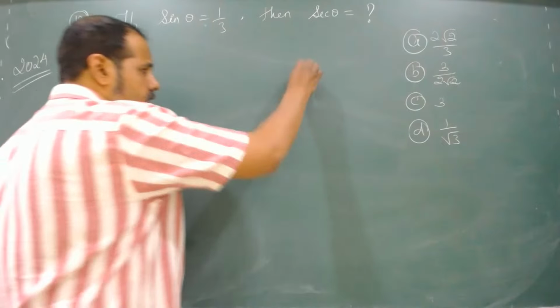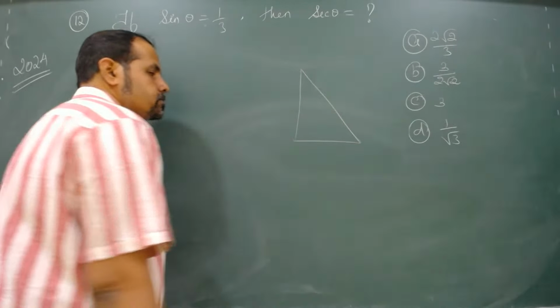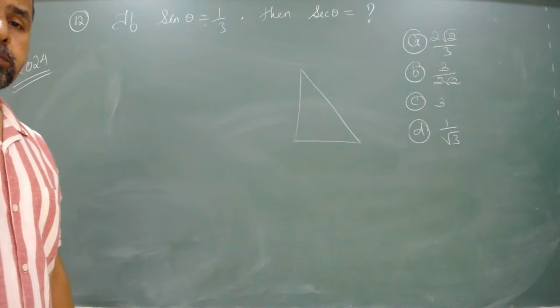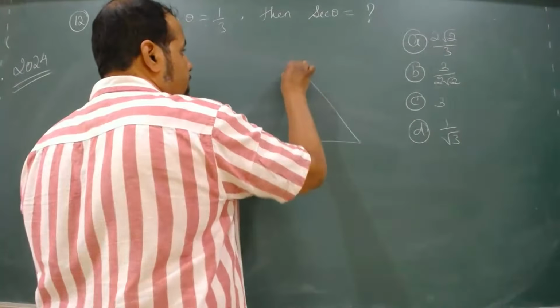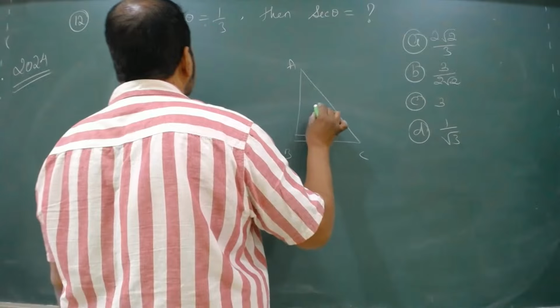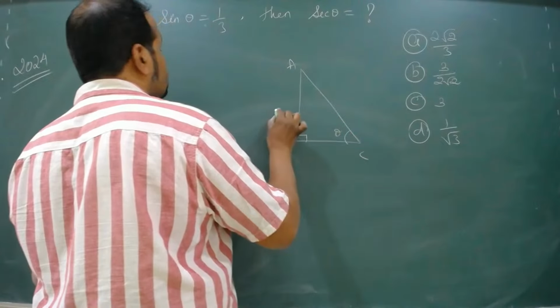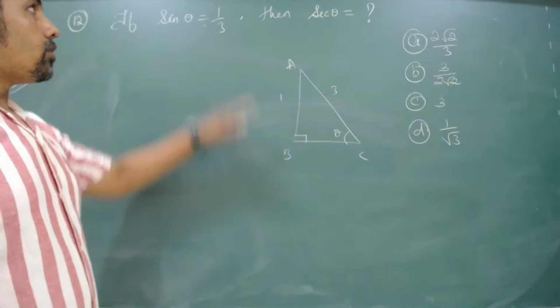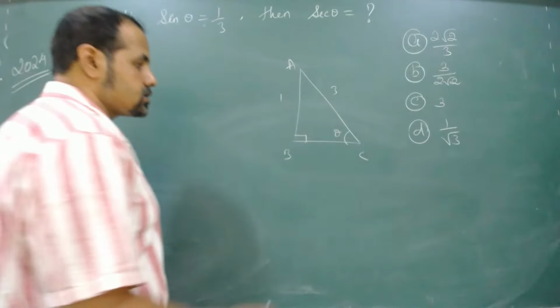You can give a try if you want. You can use an identity, even an identity can be used for this particular problem, or you can go back to the traditional method. So let me call this theta, opposite by hypotenuse. Opposite is 1, hypotenuse is 3.